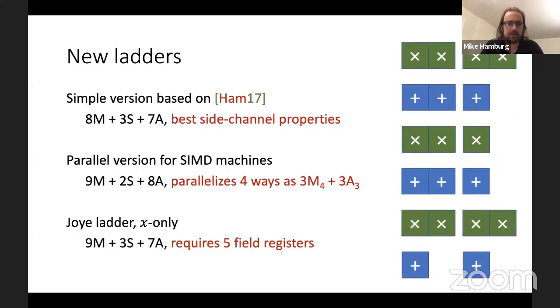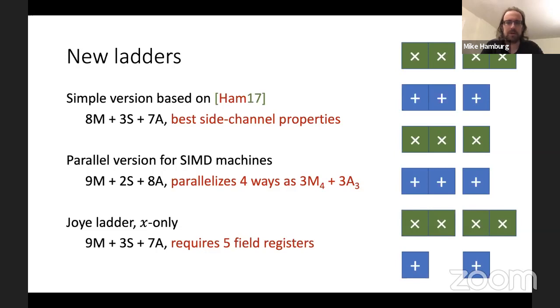So the new ladders, there's the one that I mentioned, this sort of simpler version that's most closely based on the 2017 work. This one has the best side channel properties because it doesn't reuse the output of a ladder step within the ladder step itself, which deters collision attacks. There's a parallel ladder that you could make as fast, but the actually parallel version is slightly more operations, but they parallelize 4 ways, which makes it probably actually as fast as the latest work by Hisil et al. or whoever on the Montgomery ladder on Montgomery curves.